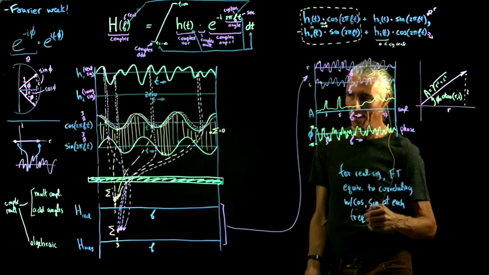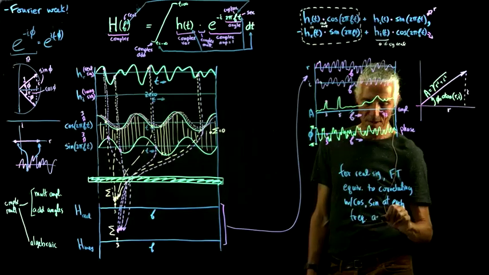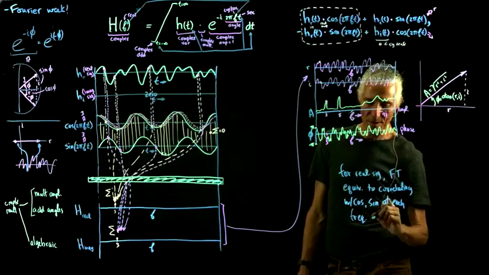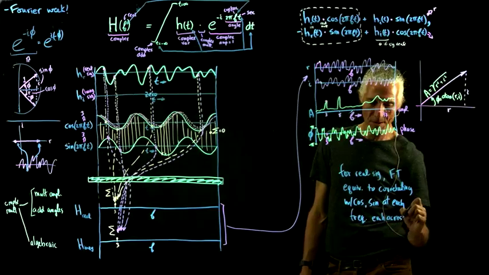So you have to do that correlation for each frequency, each across all time. So that's the meaning of the Fourier transform.